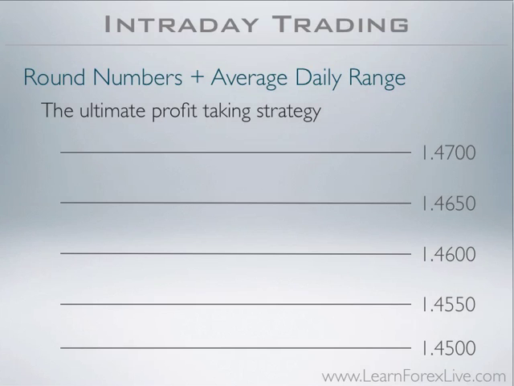So, what do we achieve by blending the round numbers and the average daily range? Why do I say that it's the ultimate profit-taking strategy from an intraday point of view? Well, first of all, we are always trading within the statistical averages. We are putting statistics on our side.